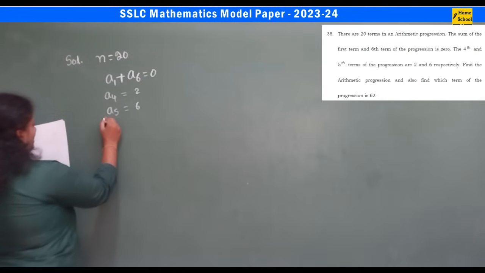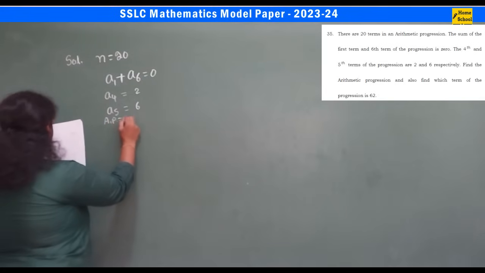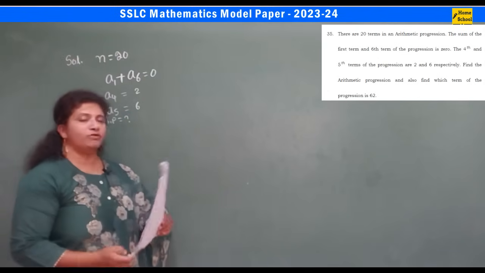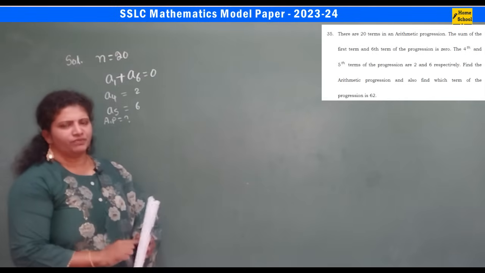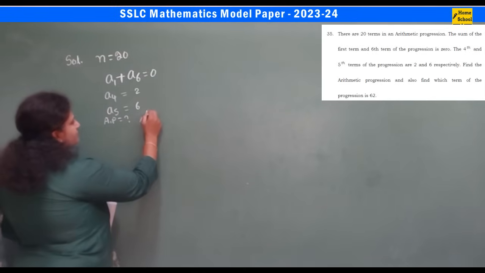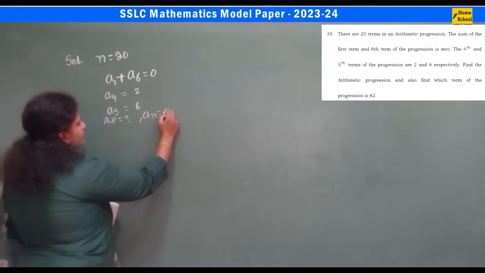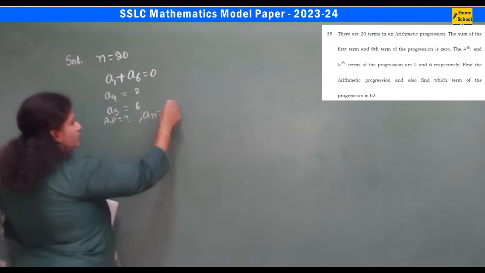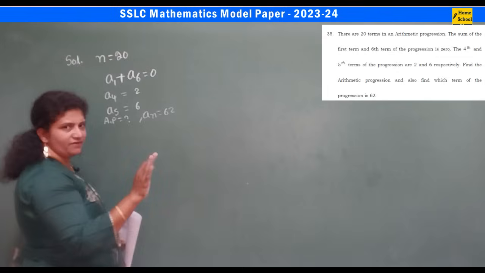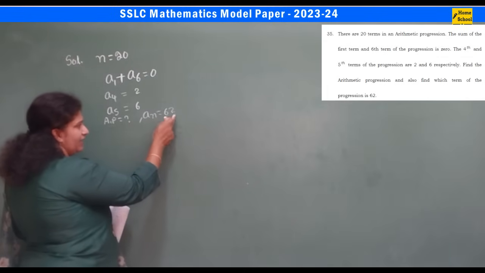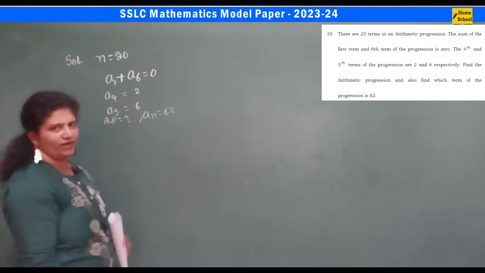What we need to find? The arithmetic progression, and find which term of the progression is 62. Which term is 62 means, let me assume an is equal to 62. Find this n value. There are 20 terms given, that is different, and this is which term you are calculating, that n value you need to find.